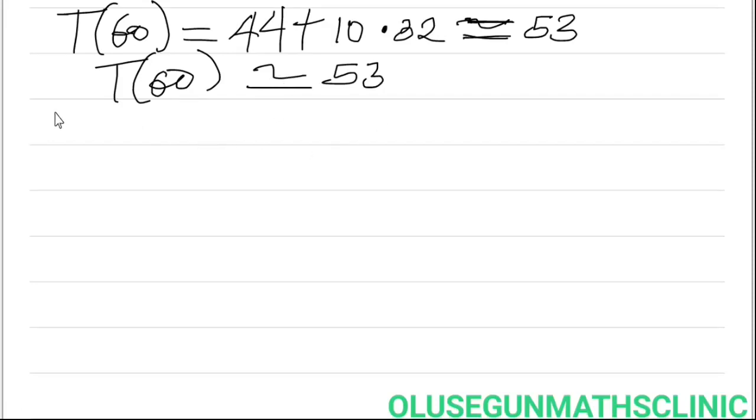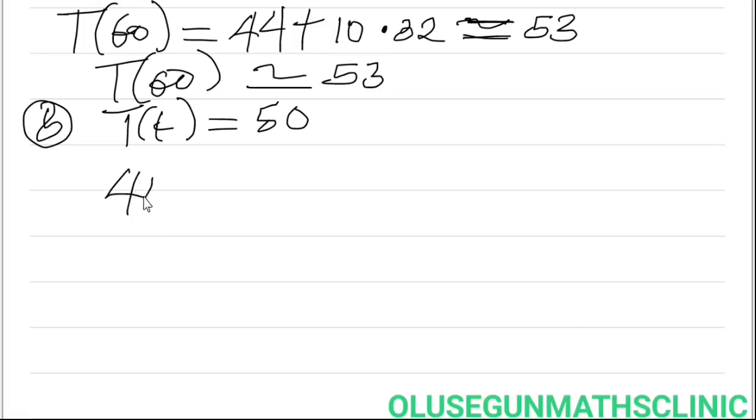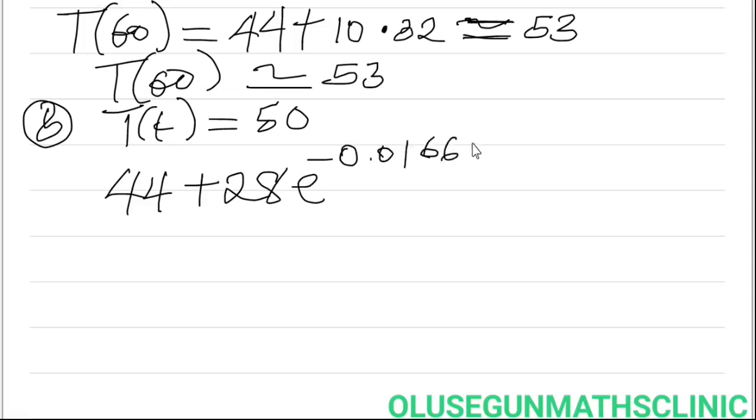You know that T of t is 50, but we need to get the time. So 44 plus 28 exponential minus 0.01663t is equal to 50. Since you have gotten the equation, the remaining one is simple.